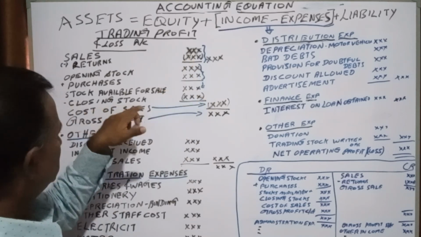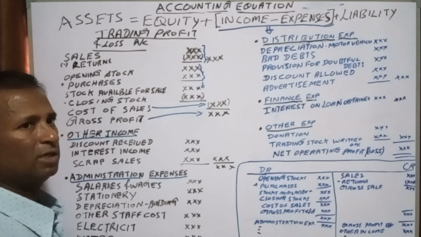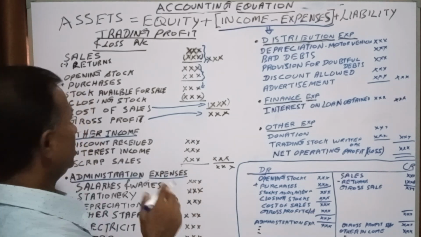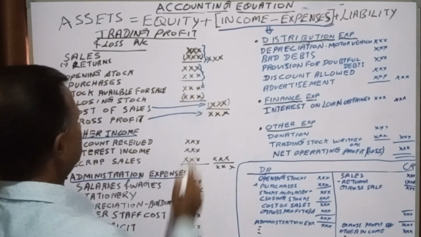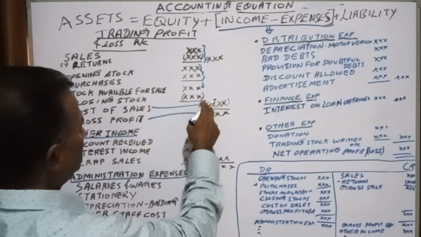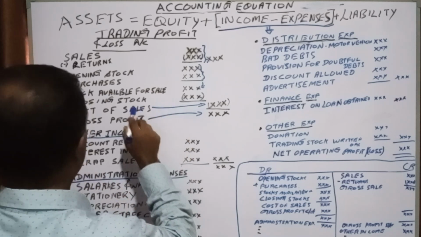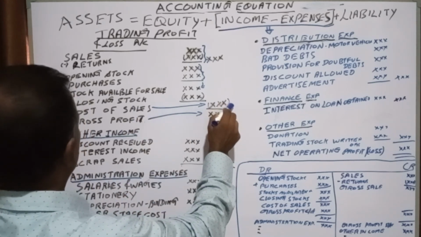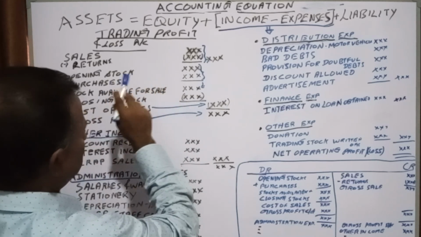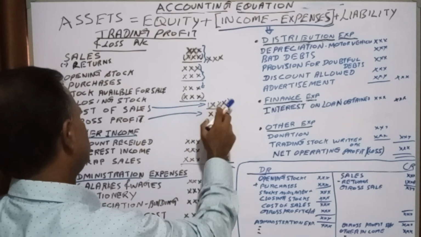Then closing stock, we deduct the stock available at the end of the financial year. If we deduct that one, we arrive at the cost of sales. Opening stock plus purchases minus closing stock is called cost of sales.